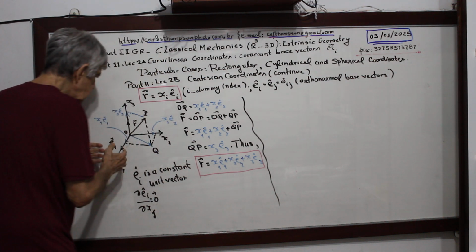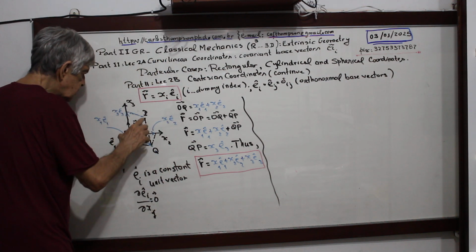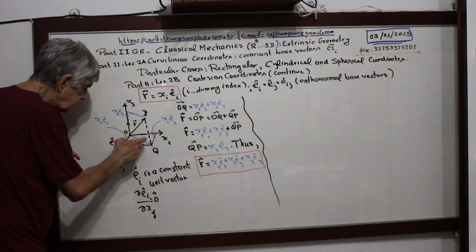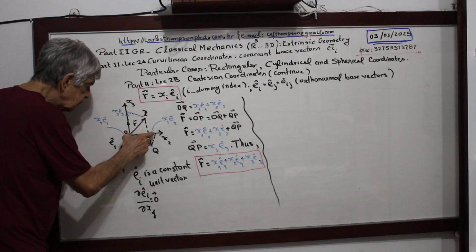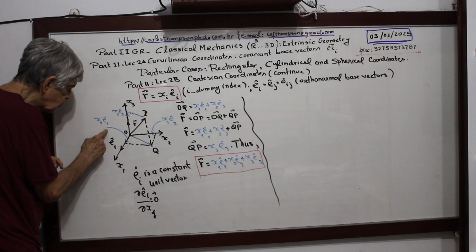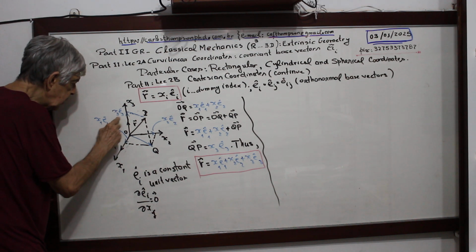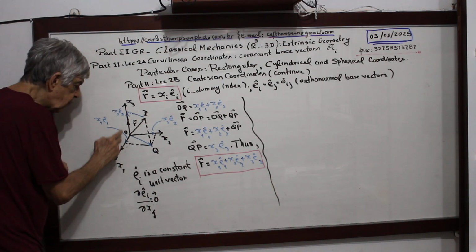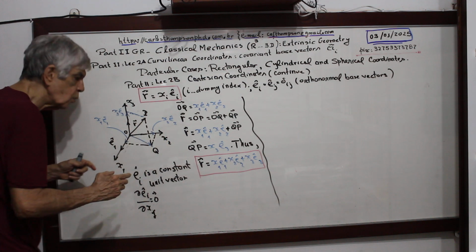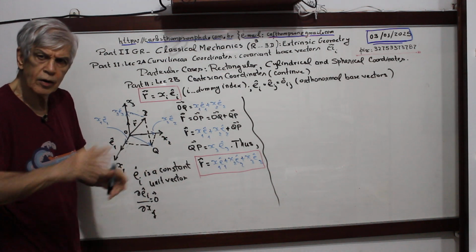You see this vector is x2 e2, this one is x1 e1, and this one is x3 e3. Let's call the x1, x2 plane a floor.